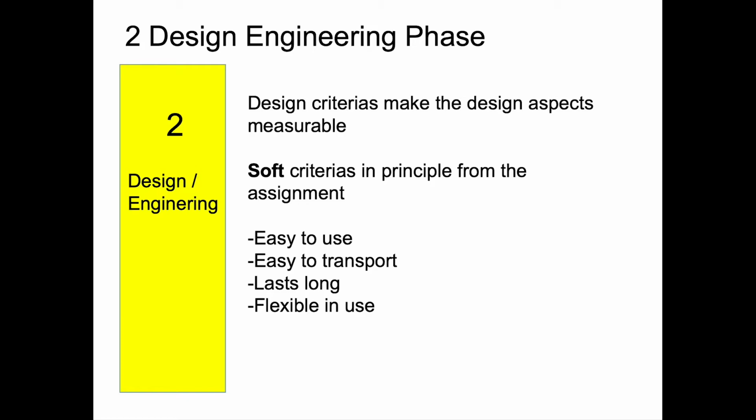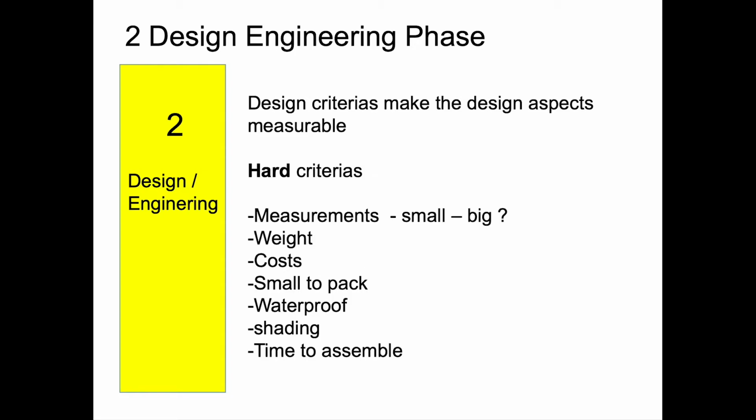General descriptions of what your product should be. In order to make this more measurable, also to help you compare different variations, you should use hard criteria. Hard criteria could be measurements, weight, costs, small to pack, waterproof, shading, time to assemble.